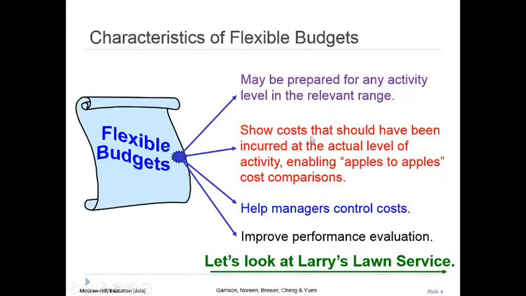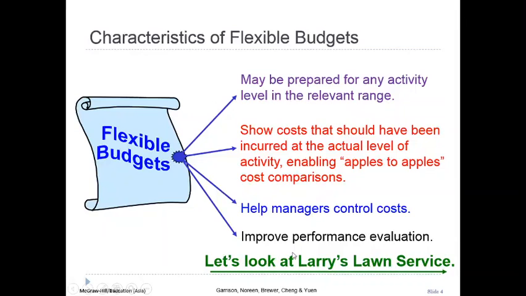It shows costs that should have been incurred at the actual level of activity, enabling an apples-to-apples cost comparison, a comparison of similar items. It can help managers to control costs and improve performance evaluation.